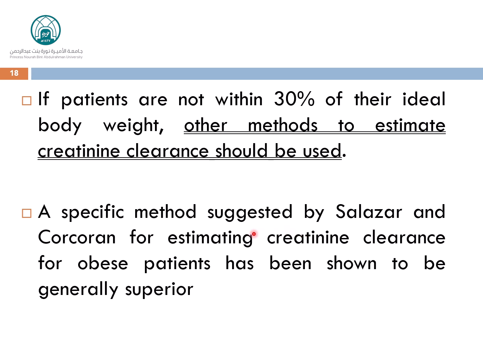These 2 scientists proposed a new method for estimating creatinine clearance for obese patients that has been shown to be generally superior. Their body weight exceeds the ideal body weight by more than 30%, so the previous equations do not apply for these patients.